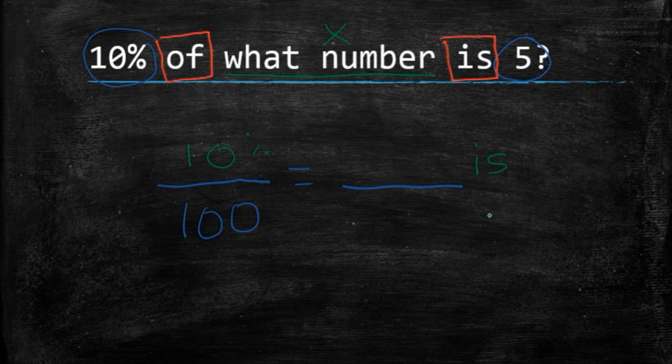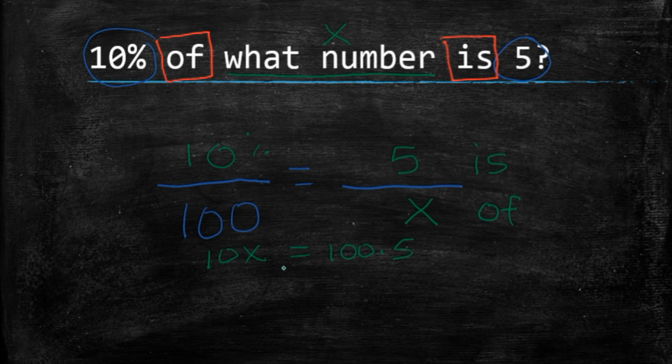We don't know what that variable is, and that we put here because that's in our "of." "Is" is 5. So you know that you have 10x equals 100 times 5.